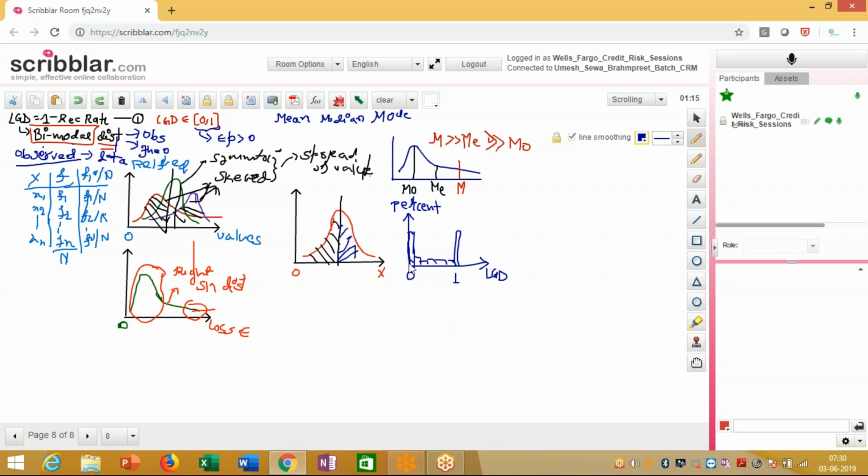So over here you can see that the LGD distribution has two modes. This is your mode one, and this is your mode two.